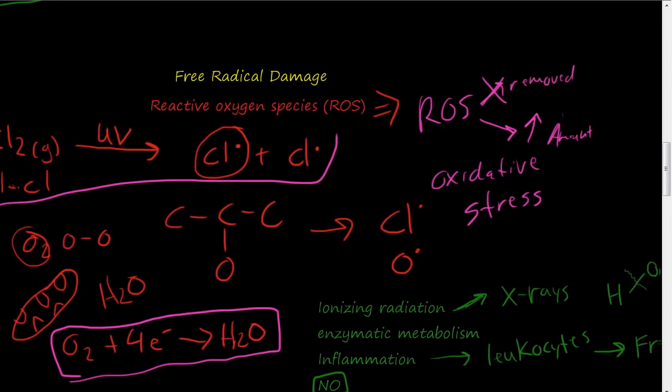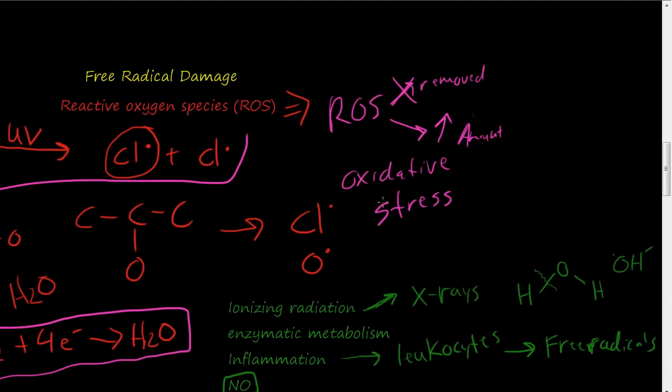Reactive oxygen species are these free radicals that have oxygen in them. If these reactive oxygen species are not removed when they undergo a normal process, or if they build up too much, then the term is our cells are under oxidative stress.